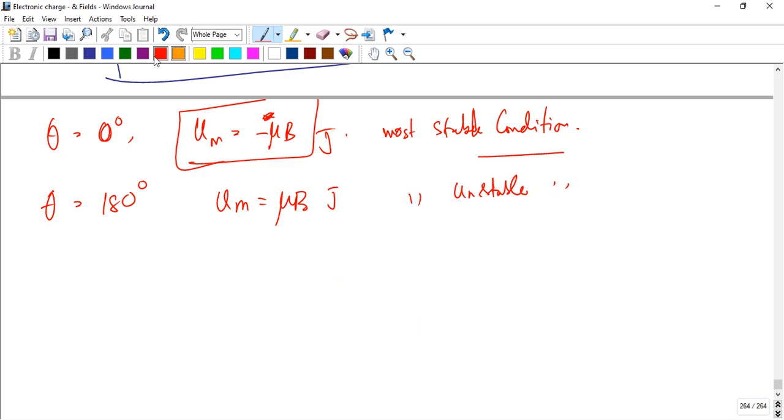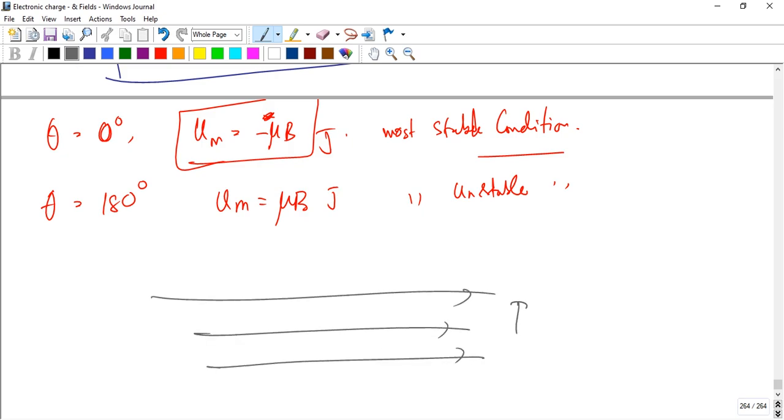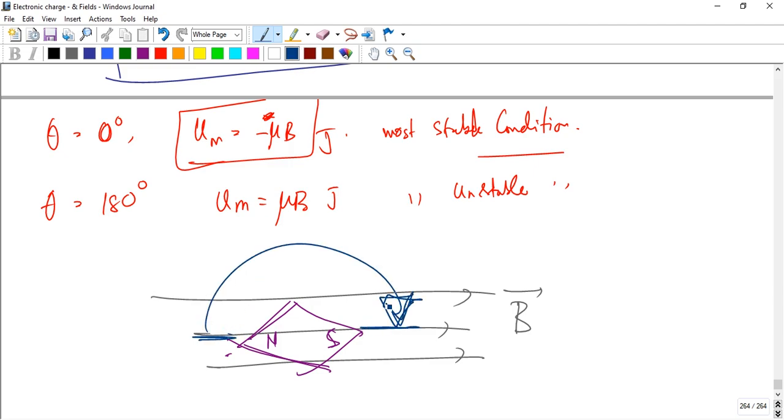You see there is a field in that direction, the external magnetic field B, and the compass needle has that orientation. There is a north and a south. Obviously there is a rotation because the alignment is not north, it is left to right. That's why this is the most unstable condition.